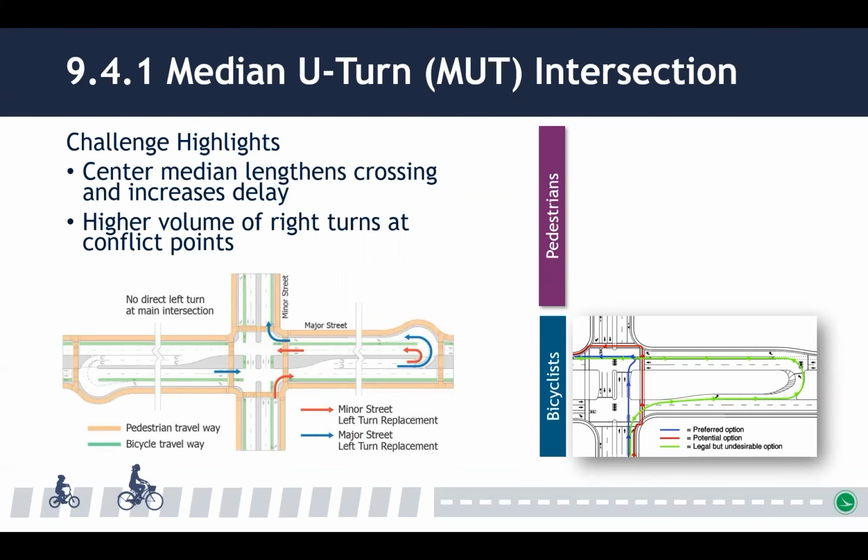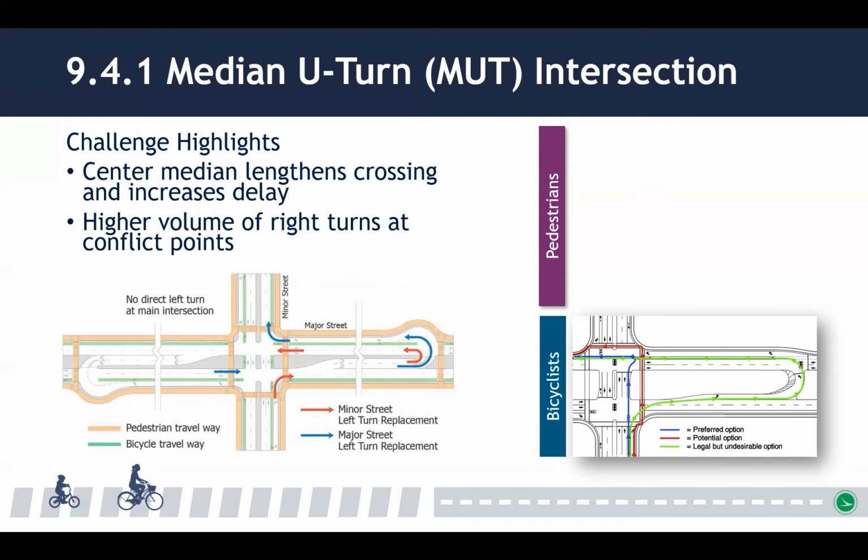The median U-turn intersection eliminates turns at the main intersection on one or both of the intersecting streets, with indirect left turns using a U-turn movement located downstream from the intersection. Typically, a wide median is needed to provide separation between directions of traffic and facilitate the left turning movements.